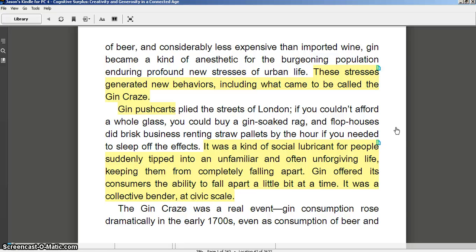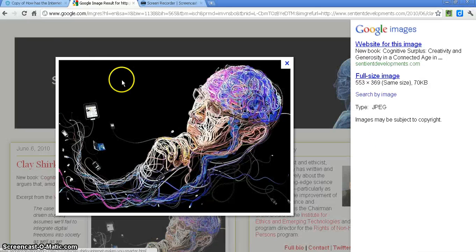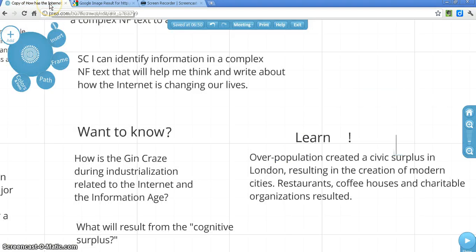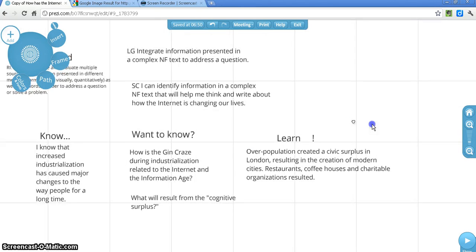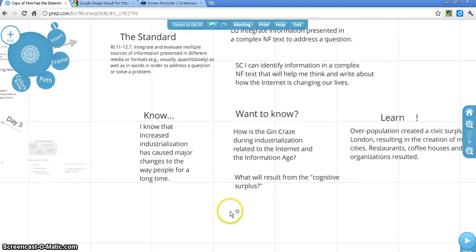Okay, so while we're reading, we'll be making those kind of notes in the margins. When we pause from our reading, we'll put our notes in 3 categories. What do we know?